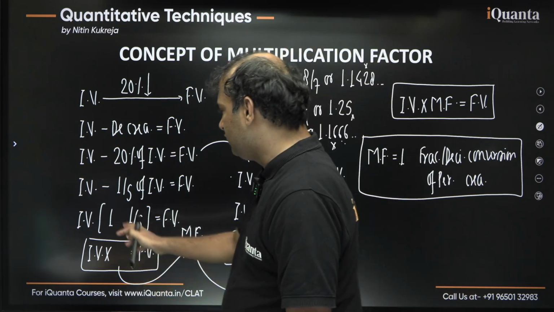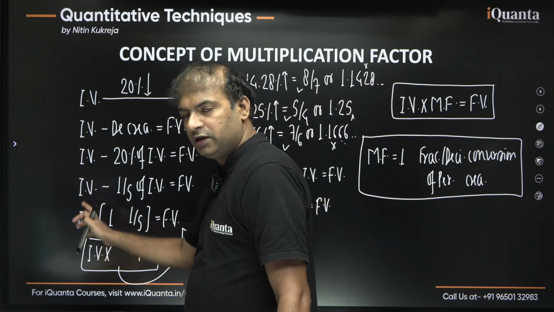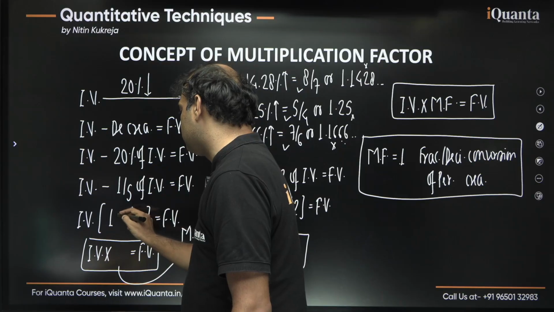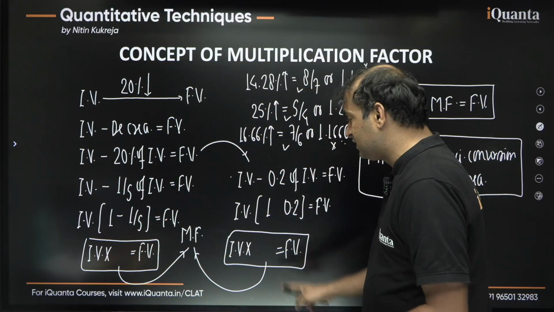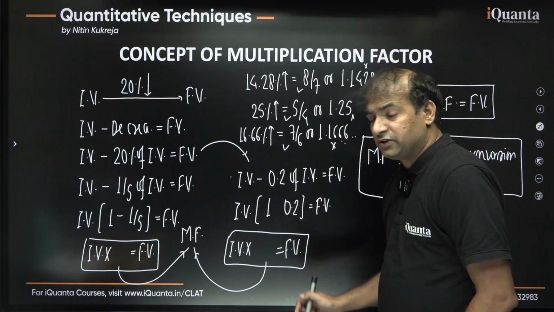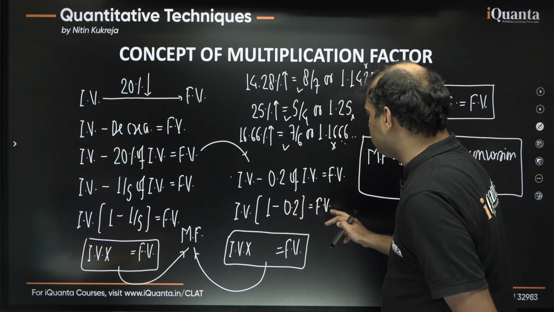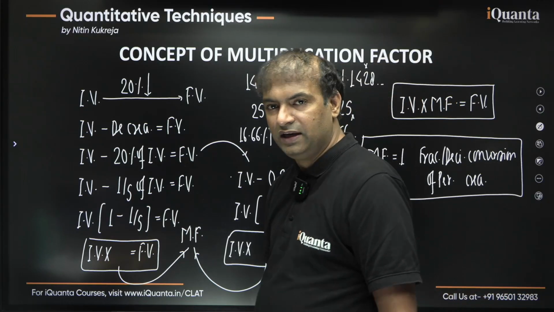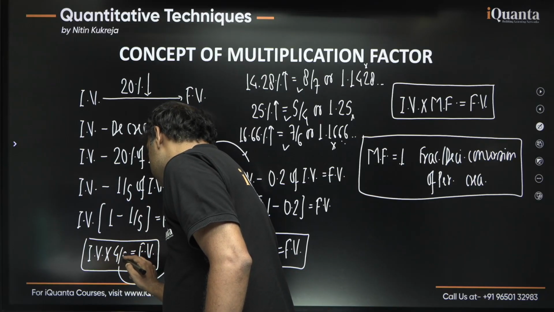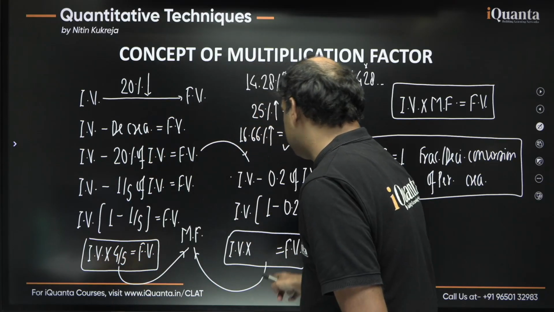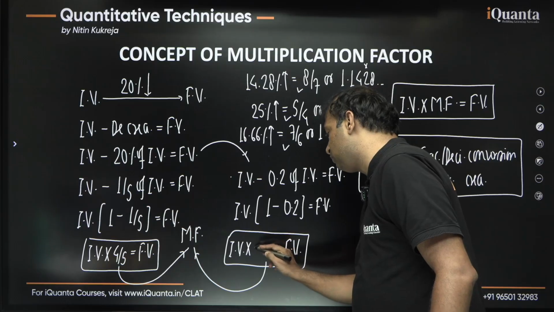Now here guys, if we take the initial value as common, it will be 1 minus 1 by 5 is equal to the final value, and same here, if we take the initial value as common, it will be 1 minus 0.2 is equal to the final value. And now 1 minus 1 by 5 has to be 4 upon 5, and in this method, 1 minus 0.2 has to be 0.8.